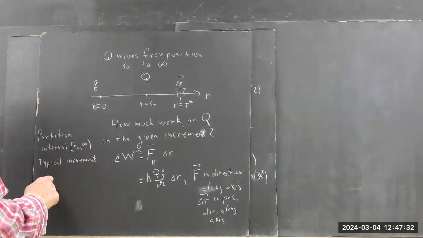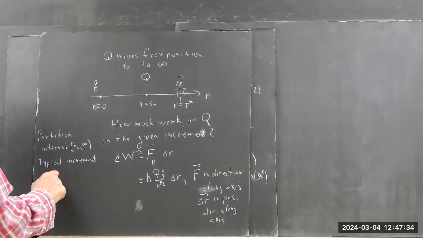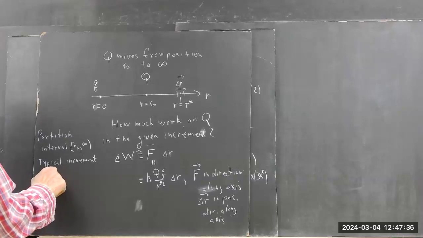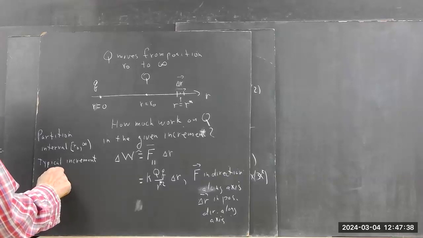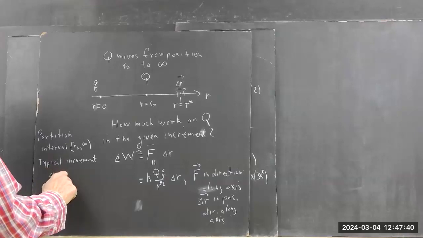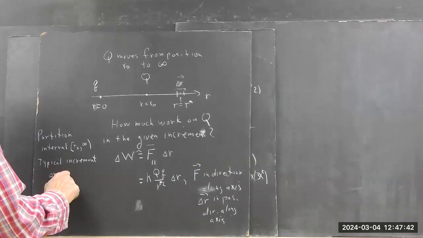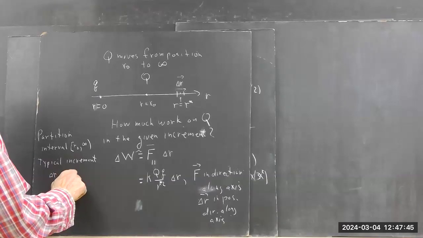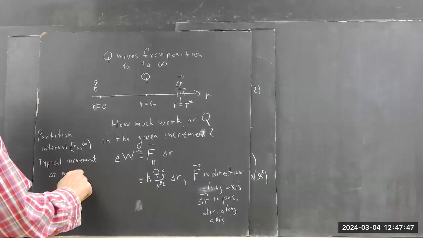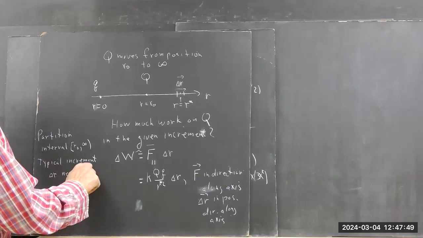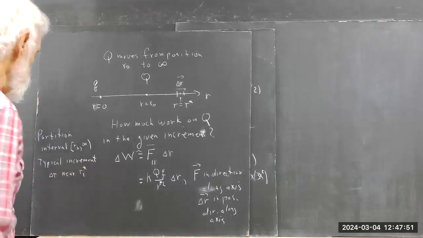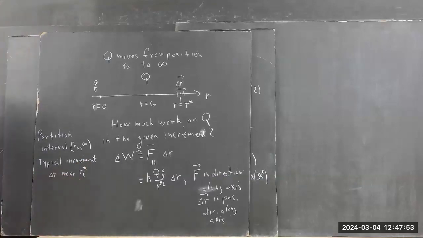Full increment. The delta R near Ri star.